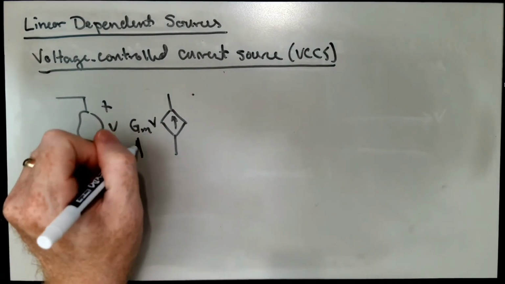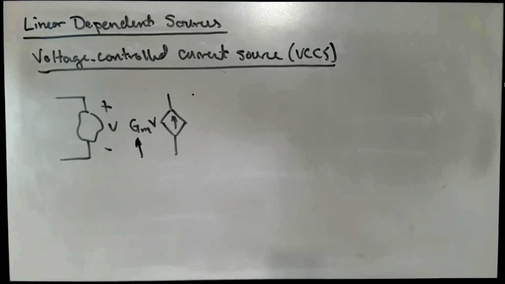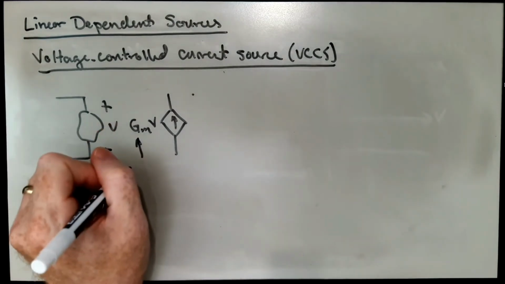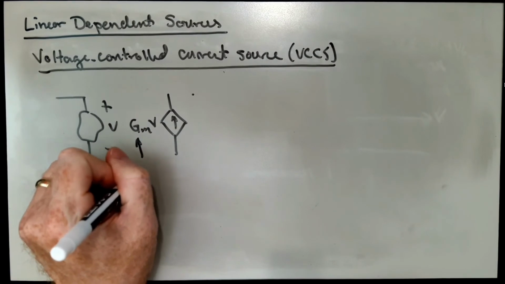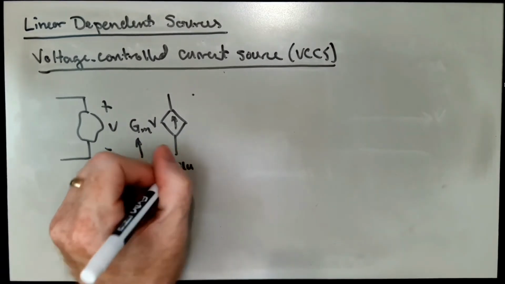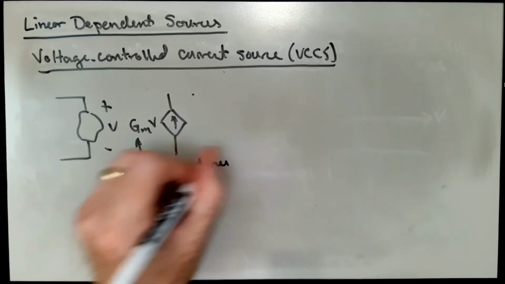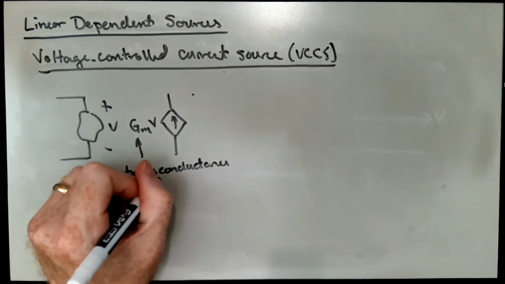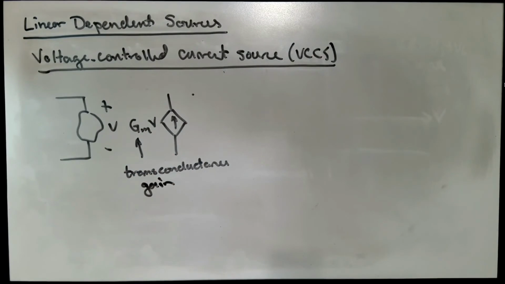Okay, this G sub m is called the transconductance gain.